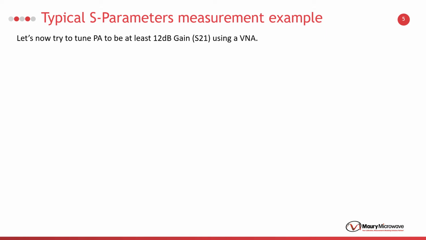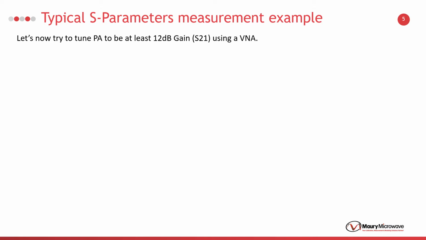The designer designs and prototypes and then calibrates the VNA and measures the S parameters and happily sees that the PA meets the gain spec, S21 spec, over the entire frequency band. It's better than 12 dB.